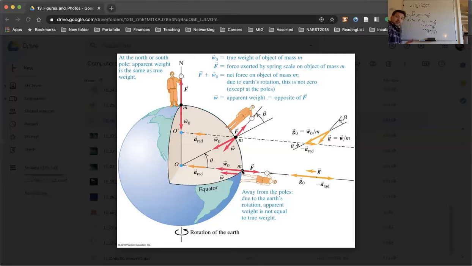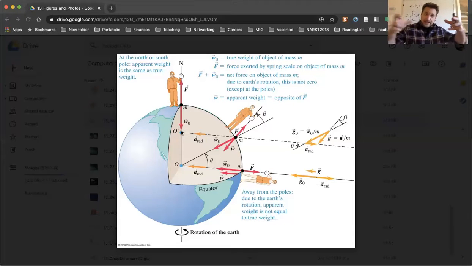At some other point, let's say here, at some latitude that isn't 0 and isn't 90, there's actually a directional problem too. The acceleration associated with the circular motion doesn't point towards the center, it points towards the axis.